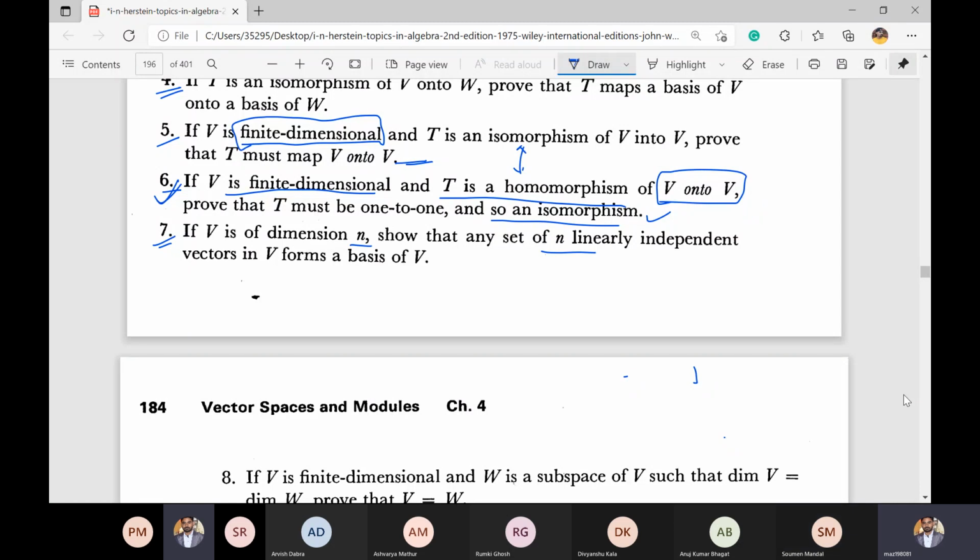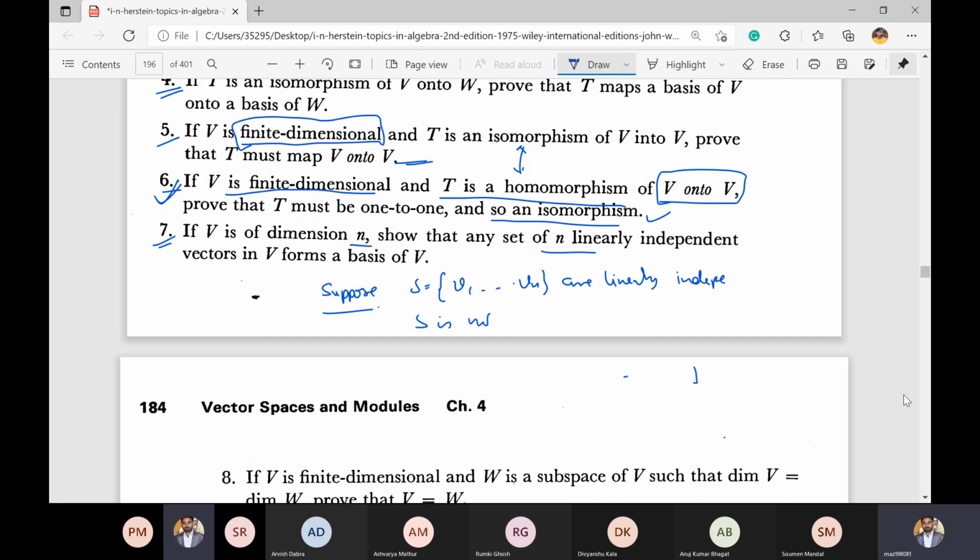So what he's saying is that we go by contradiction. Suppose S is a set, say V1 up to Vn, that is linearly independent.